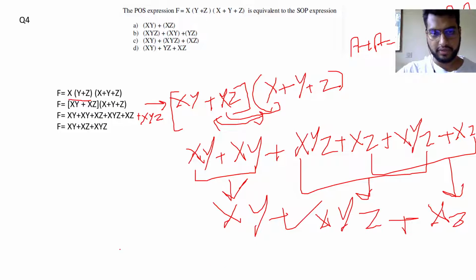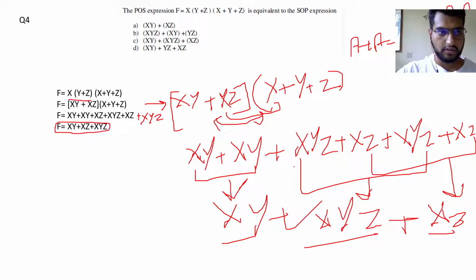So the final expression will be xy plus xz plus xyz. So option C is our correct answer.